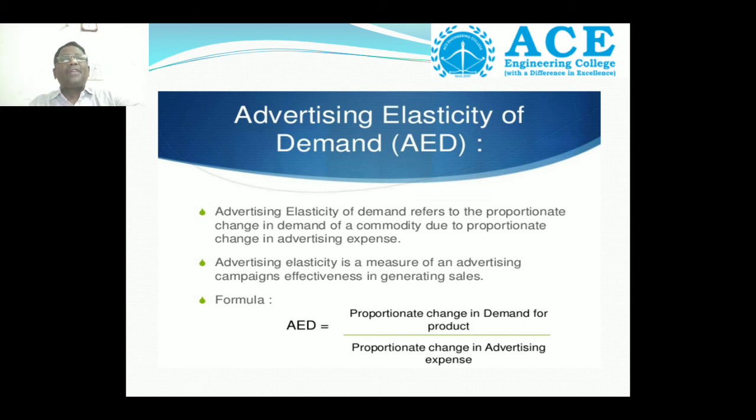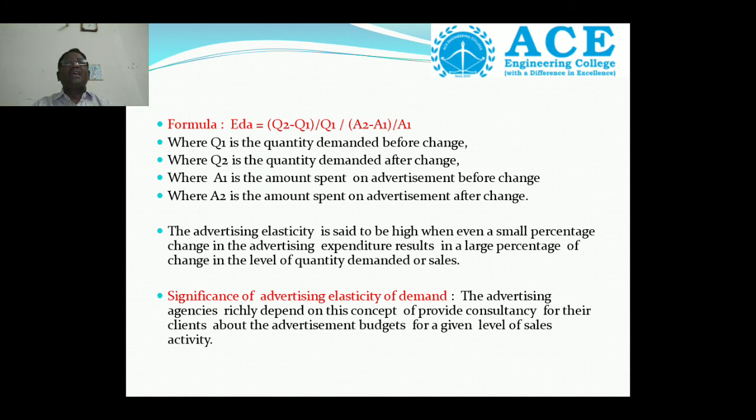Then what is the formula for advertising elasticity of demand? Same as price elasticity, income elasticity, cross elasticity, now advertising elasticity. Q2 minus Q1 by Q1 divided by A2 minus A1 by A1.